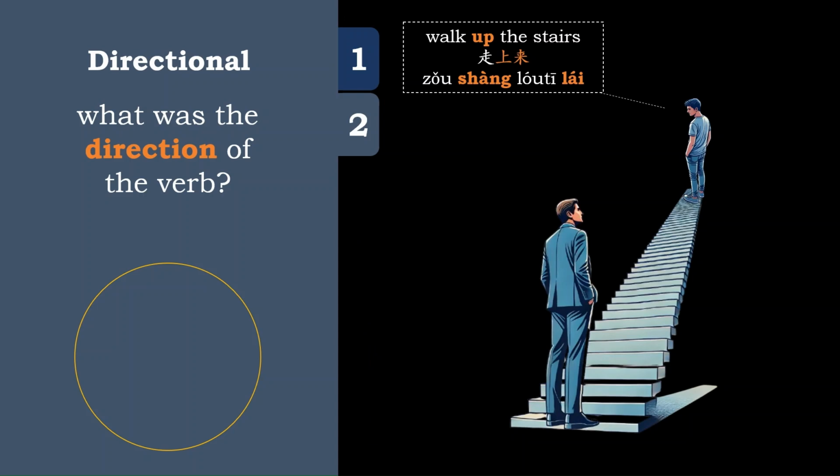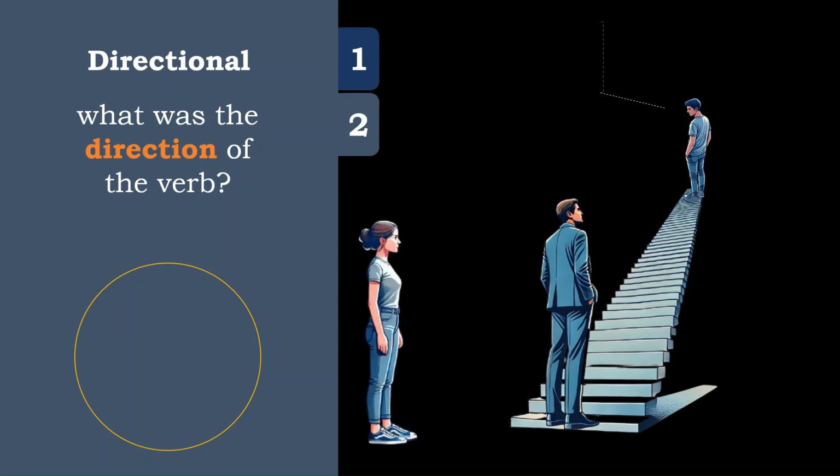So the younger brother is the speaker, and everything he said indicates that the older brother should move in a direction toward him. Now let's bring in the sister, who is the middle child. Everything she will say will indicate that the older brother should move in a direction away from her.